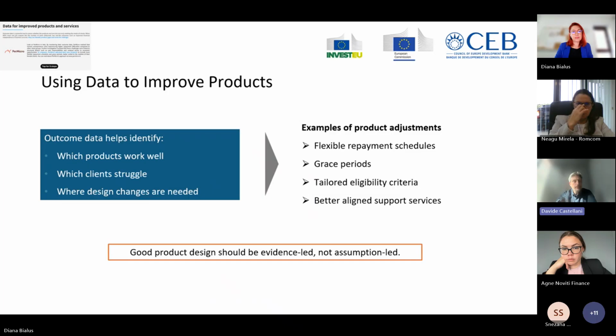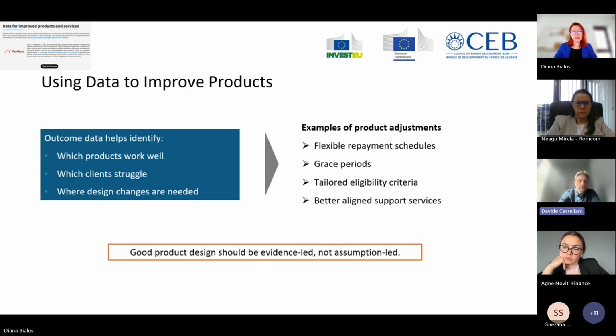So using data to improve products. Here it is about understanding which products work well, so which products generate more outcome or impact. In order to do that, we have to track, right?